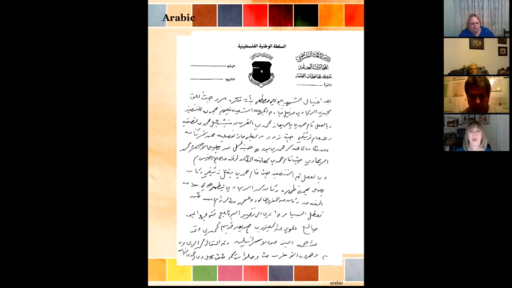So if we're using the Gestalt method, brain writing, it doesn't matter what the writing looks like. This is Arabic, and they write from right to left. So if you wanted to analyze this handwriting, you would switch a few things around.